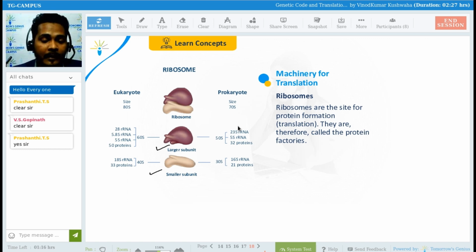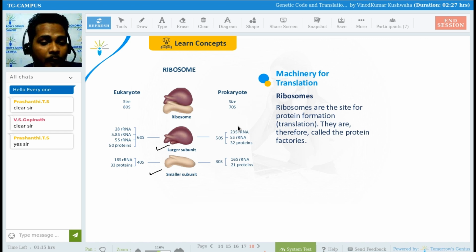In this large subunit there are grooves, and why are these grooves present? For pushing out the newly formed polypeptide. Newly formed means what? After the translation the new polypeptide is formed and it is going to be pushed forward, right? So basically these grooves help in pushing out the newly formed polypeptide and protecting it from the cellular enzymes.